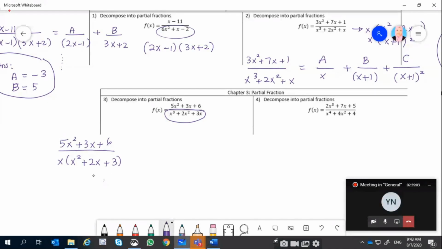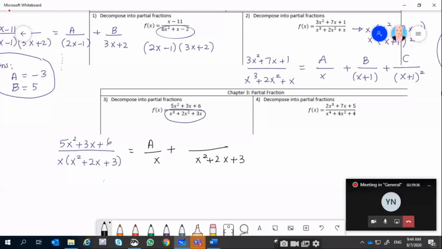x plus 1 squared? I don't think so. Wait, no. If x plus 1 squared, it is x squared plus 2x plus 1, but now you have plus 3. So you cannot further factorize it. So this is an irreducible quadratic factor. When you express it, you will have A over x plus, what is the top part here?